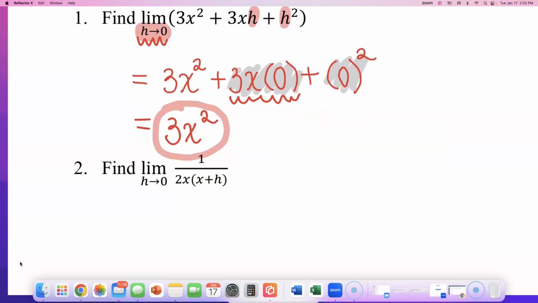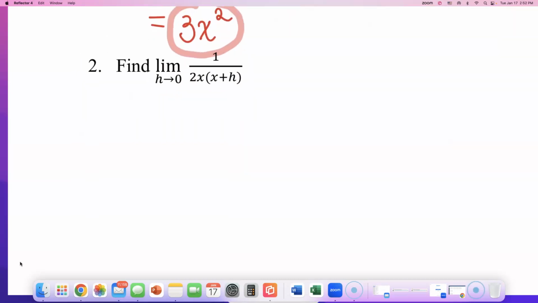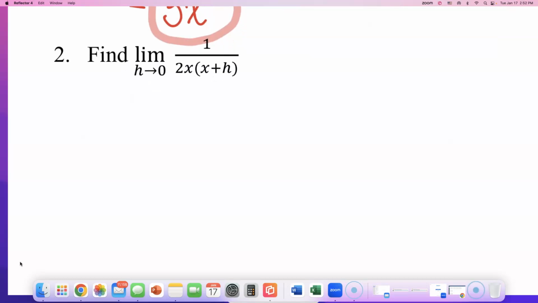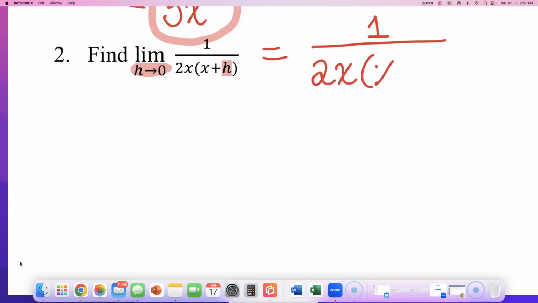Okay, let's try one more. So they want us to find the limit as h approaches 0. And you need to make sure that only h gets replaced by 0. This is equal to 1 over 2x times x plus 0.